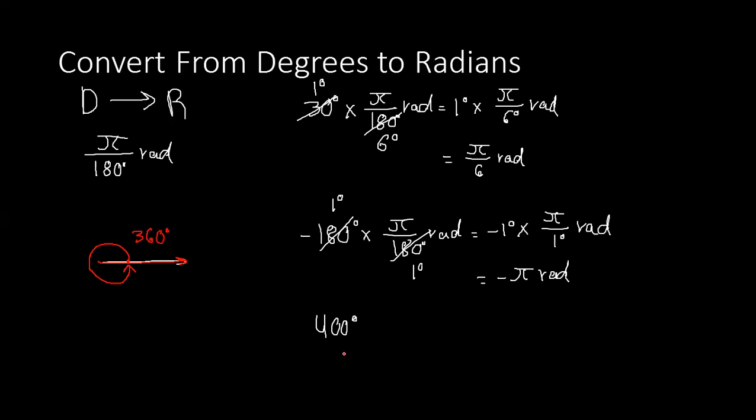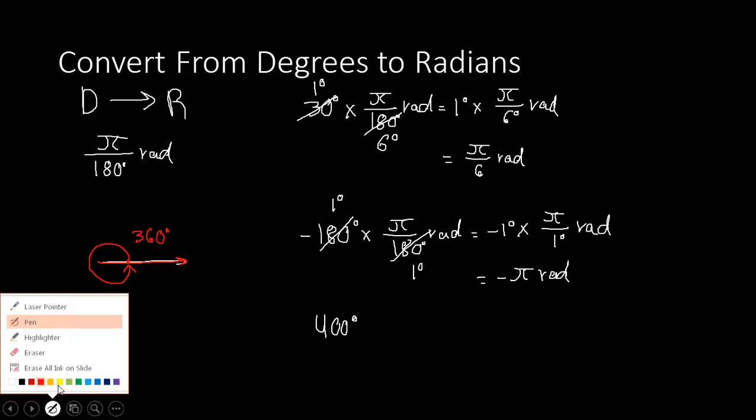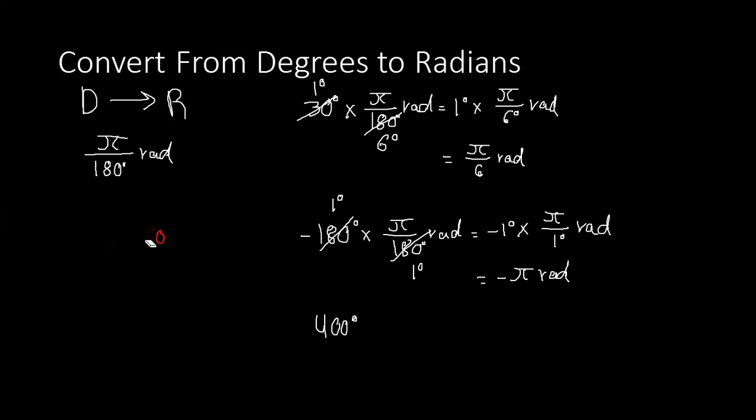So why is it that we have 400 degrees, all right? It's possible that an angle greater than 360 degrees exists, right? So that means we can have 1000 degrees.